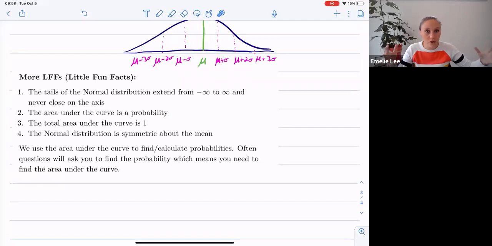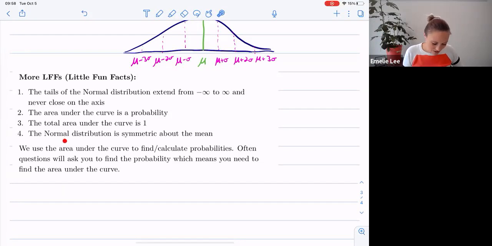And so you could integrate to find the area underneath the curve. The total area under the curve is 1. Remember, it goes from negative infinity to positive infinity, so you technically have to integrate over that entire interval, and it's not an easy integration, so that's why we're skipping it.